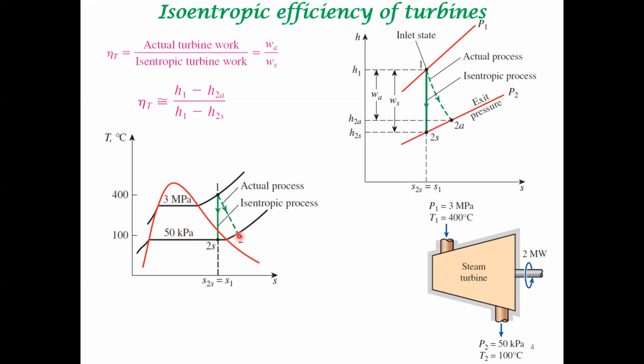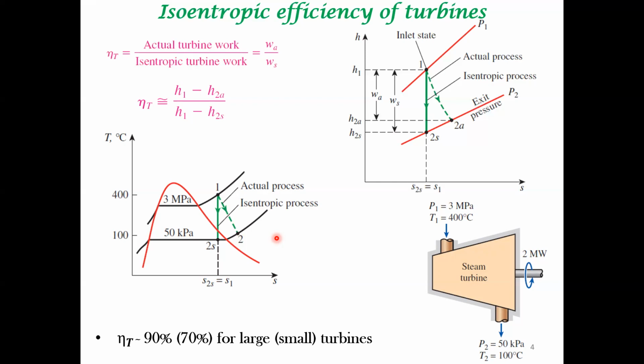This is the temperature for the real system, and this is the temperature for the ideal system. So you only keep the pressure at the exit to be the same. You cannot keep both of them the same, because the entropy of the ideal system is different from the entropy of the real system. All right. So this is a way to quantify the efficiency of a turbine.